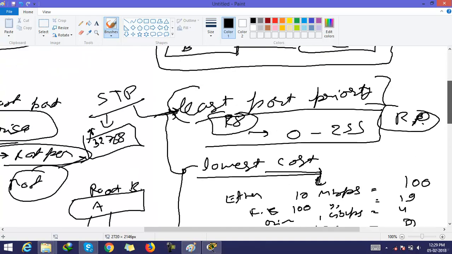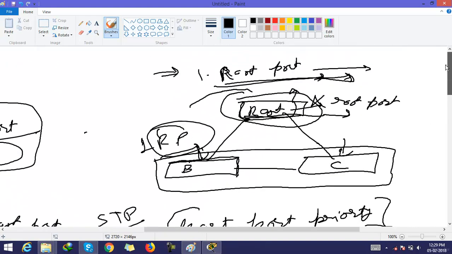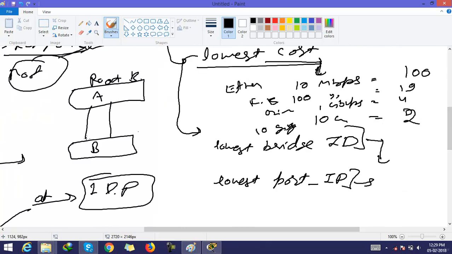The first thing to check for the root port is the least port priority. The port priority for both ports is equal, so the election comes to the lowest cost.